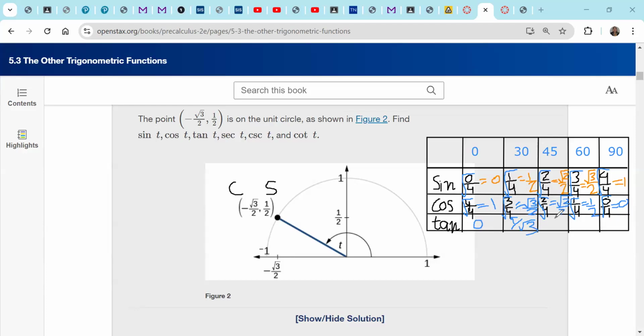And these two are same, so square root 2 over 2 divided by square root 2 over 2 is 1. Division of these two will give you square root of 3. And this last one, 1 over 0, is undefined. So I'm writing just undefined.